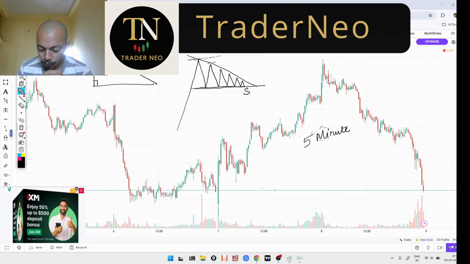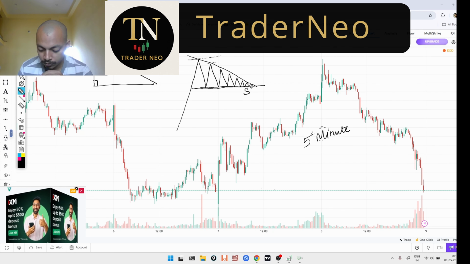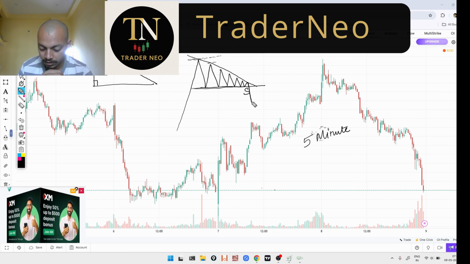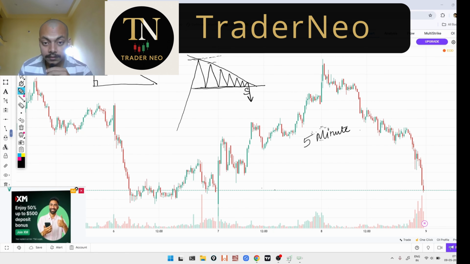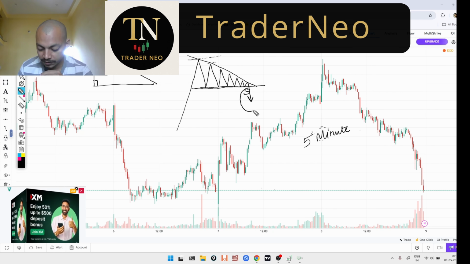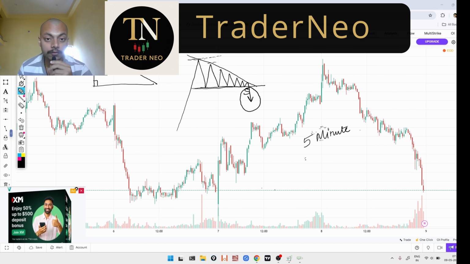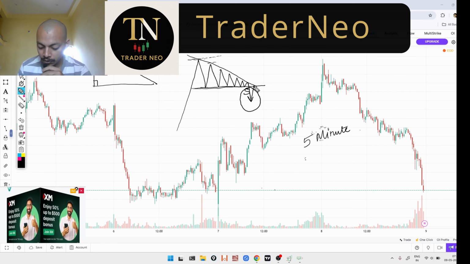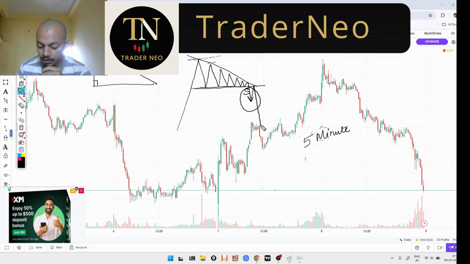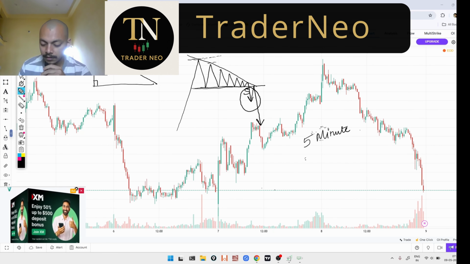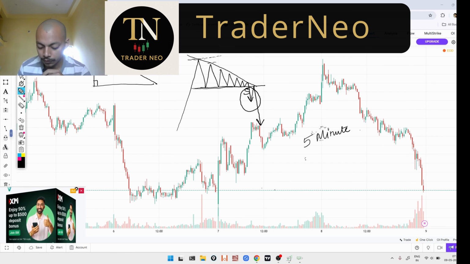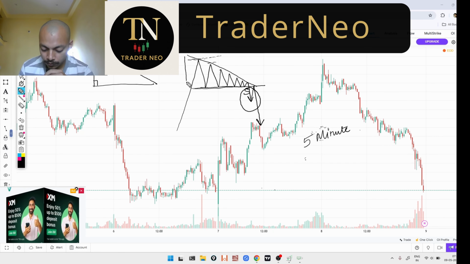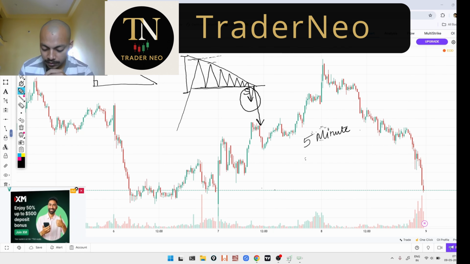So when does it break? When price breaks down this horizontal support, this point is termed as the breakdown of the descending triangle, and upon its confirmation we can anticipate our move downwards.